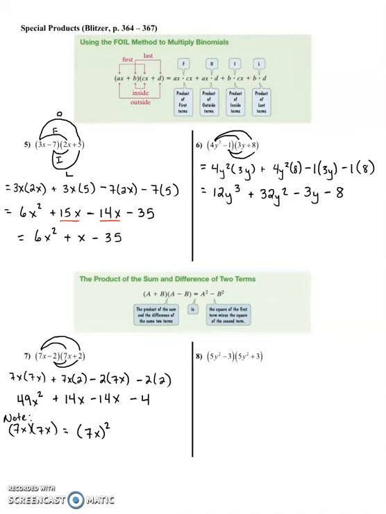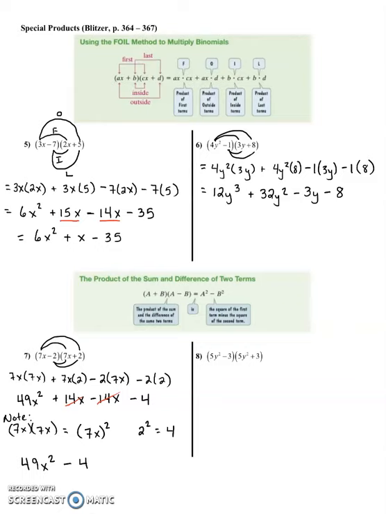So I also hope you notice that 2 squared is 4. So if we combine all our like terms, we have 49x squared. The plus 14x and the minus 14x cancel each other out to 0, minus 4.